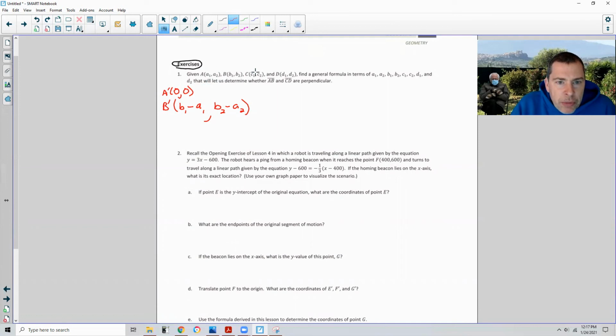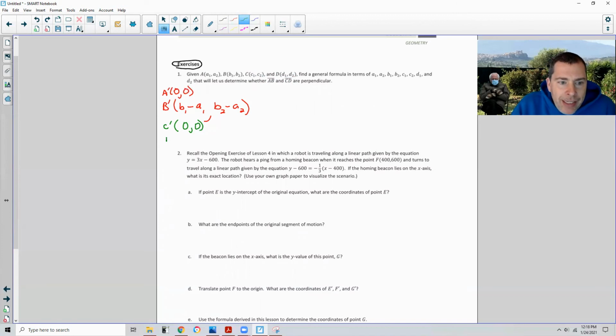And then if C is my endpoint and I get to the origin, now my C prime is going to be the point 0, 0. But what did I have to do? I had to subtract C1 from C1. So if C1 is 5, 5 minus 5 is 0. And if C2 was, say, -2, then I'd have to subtract a -2 or add 2 to get 0. And I have to do the same to D. So I'm going to subtract C1 and subtract C2 from D1 and D2, just like here.